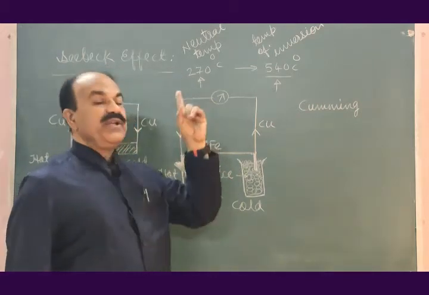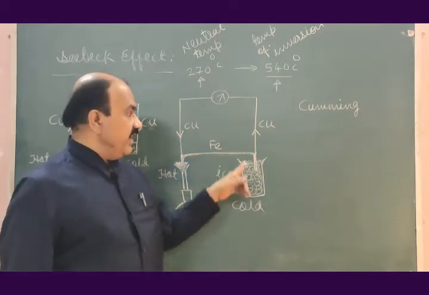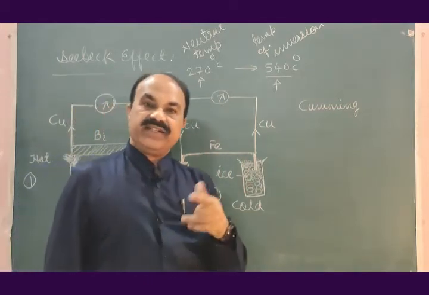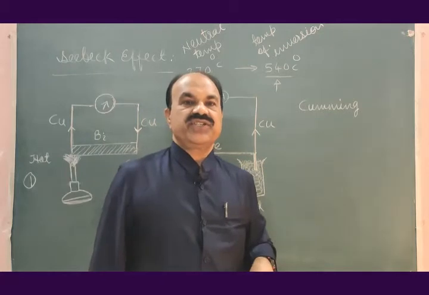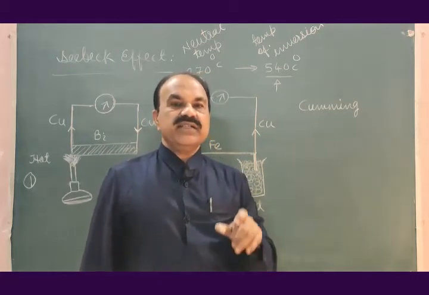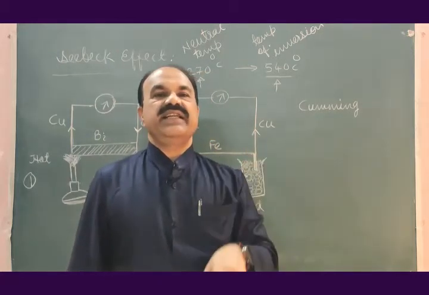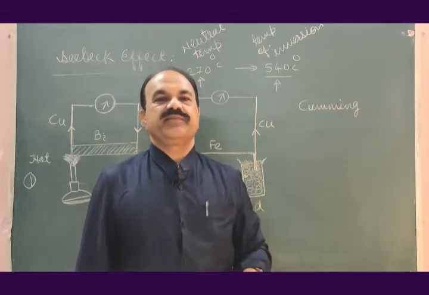As current is flowing through the galvanometer when the junctions are held at different temperatures, it means that a certain EMF is generated in the circuit.